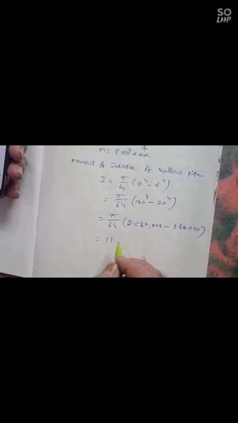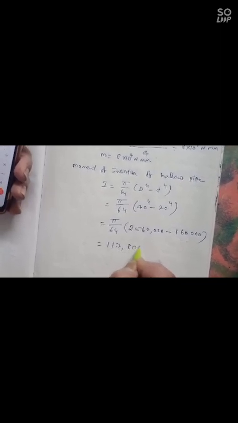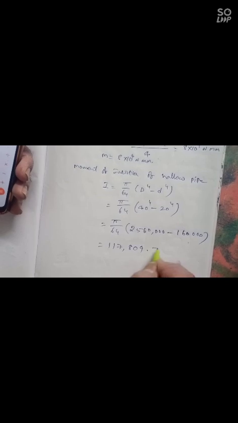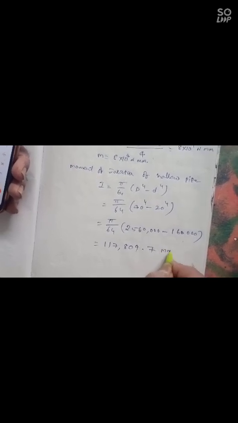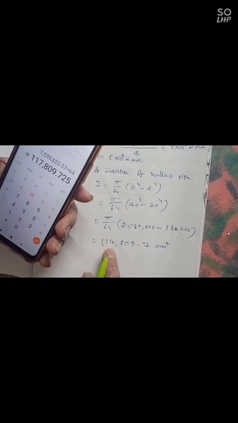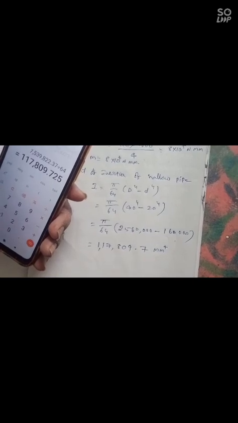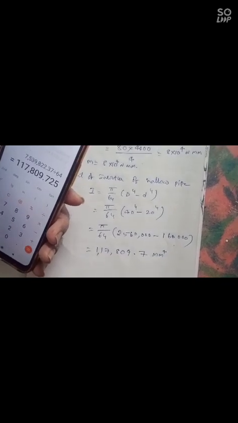Okay, 1,17,809.7 millimeter to the power of 4 is the moment of inertia.